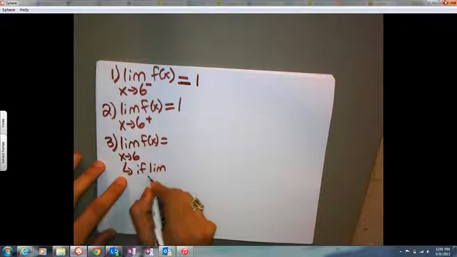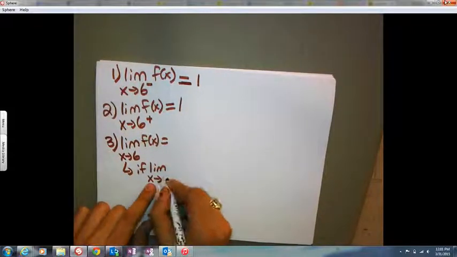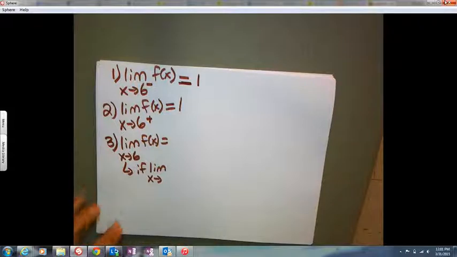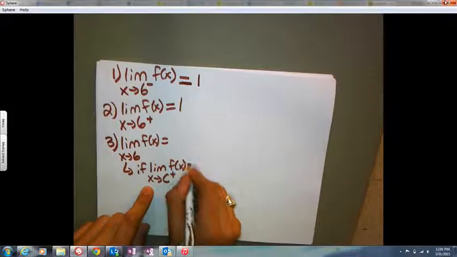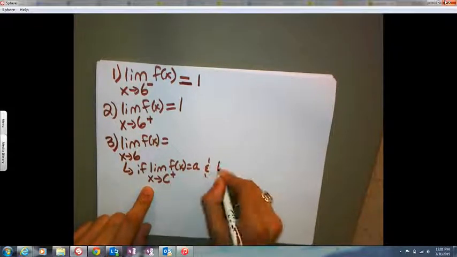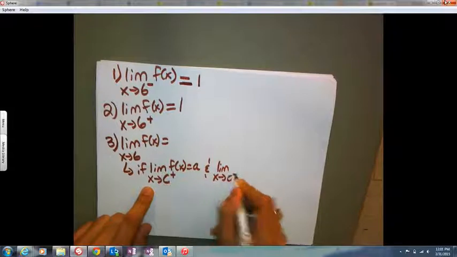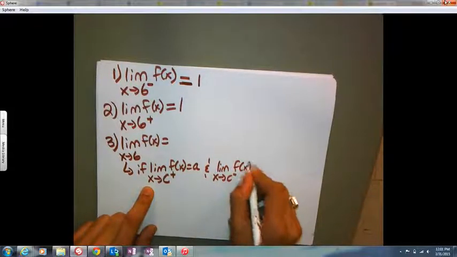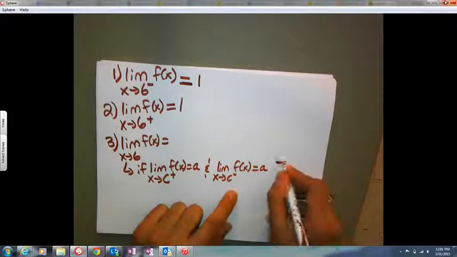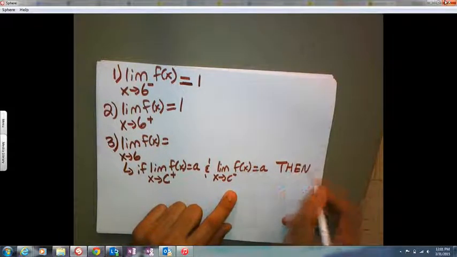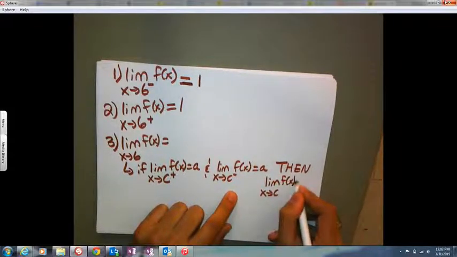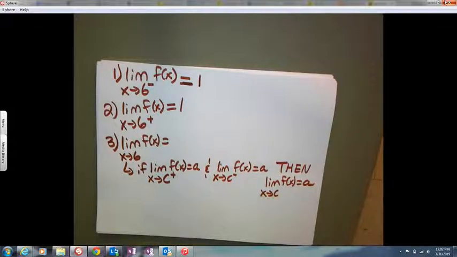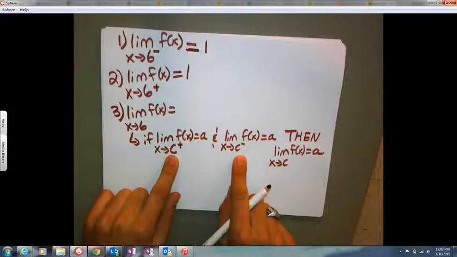If the limit as x goes to c from the right equals a, and the limit as x goes to c from the left equals a, then the double-sided limit equals a. So if the limit from the right and the limit from the left both equal the same thing, then the double-sided limit equals that very thing.